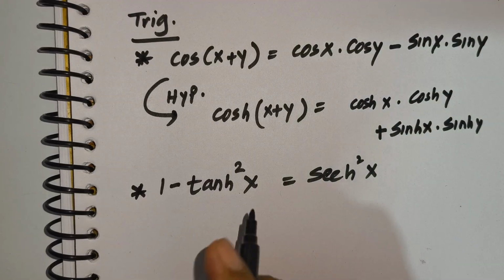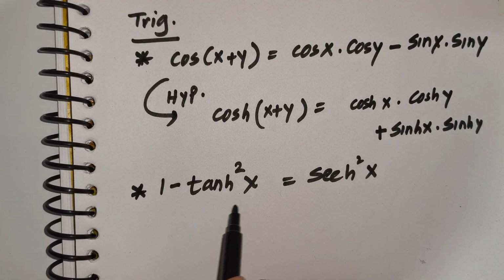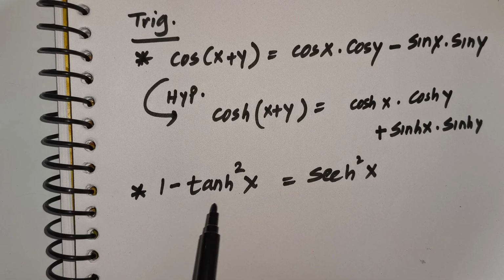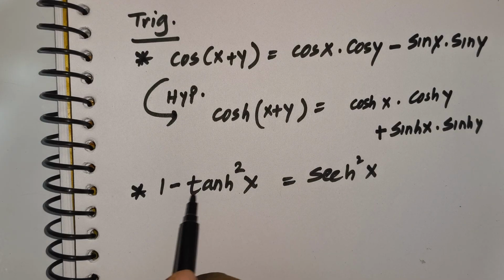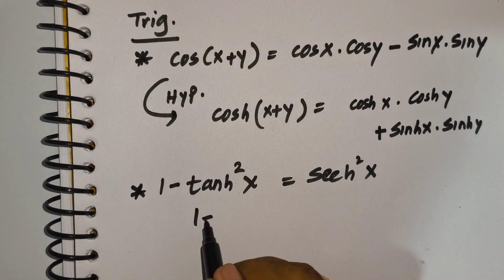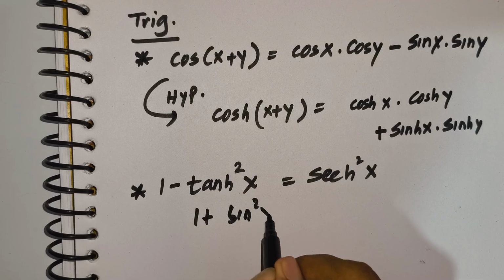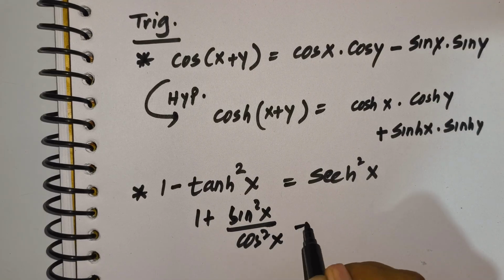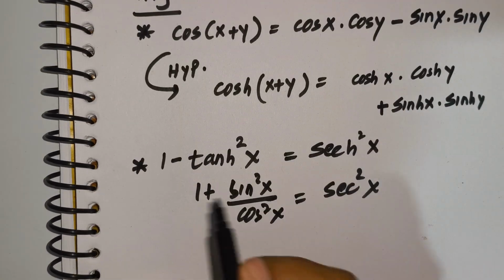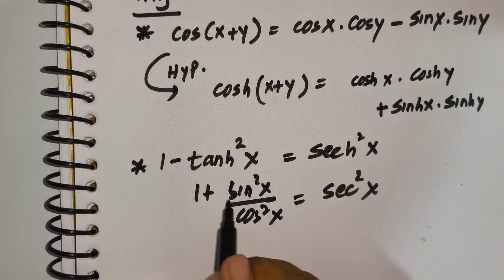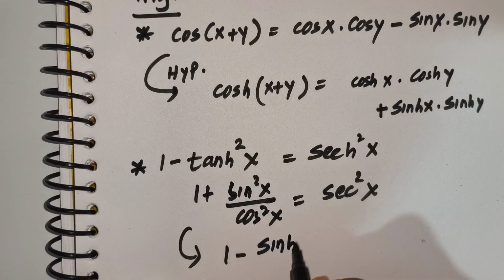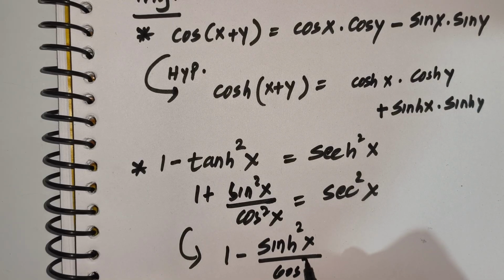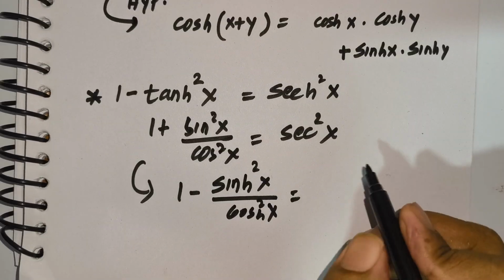Because here hyperbolic tangent contains sine, and you have two tans multiplied, so two sines there, therefore this sign changes. We have 1 plus sin square x by cos square x equals sec square x. So for this product, when you convert to hyperbolic, you will get 1 minus tanh square equals secant hyperbolic square.